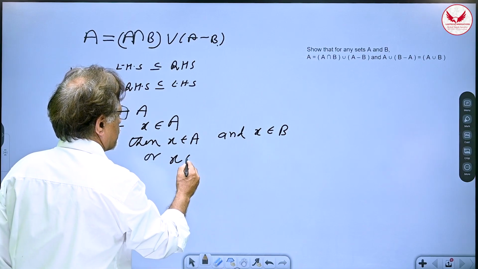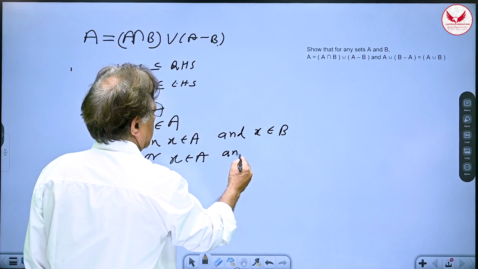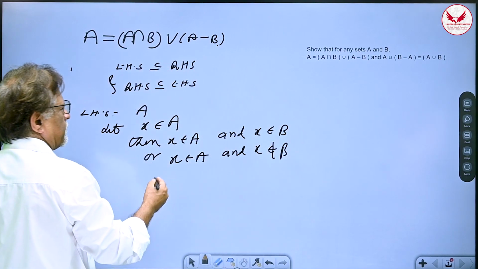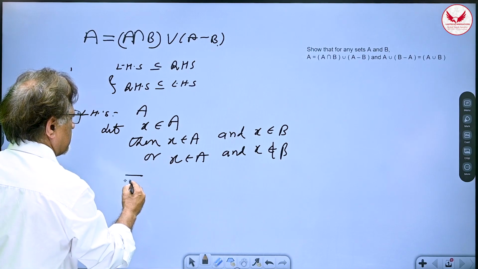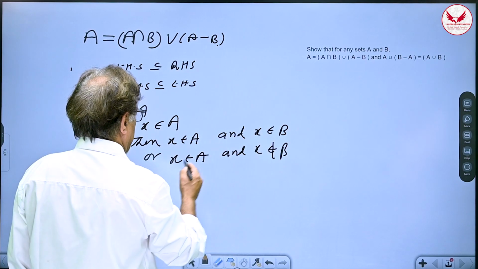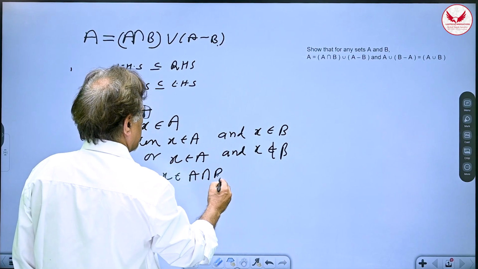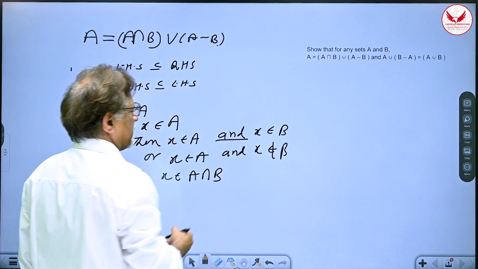Or X belongs to A and X does not belong to B. Correct? Now the first statement means what? What does that mean? X belongs to A intersection B. Because there is an 'and' here, right?